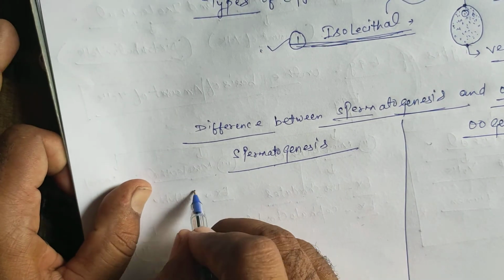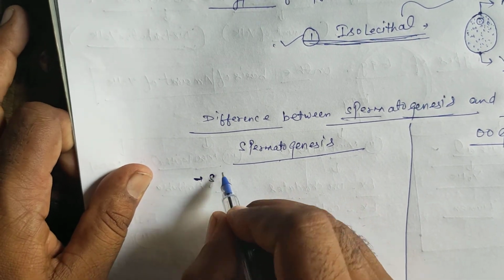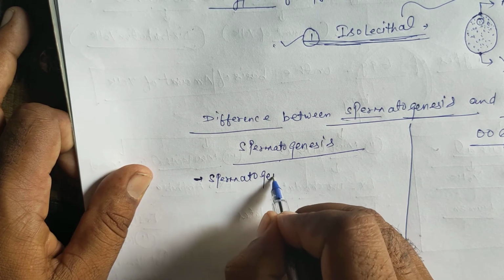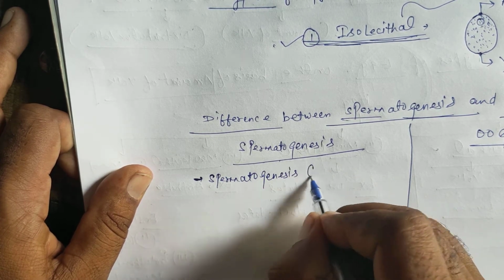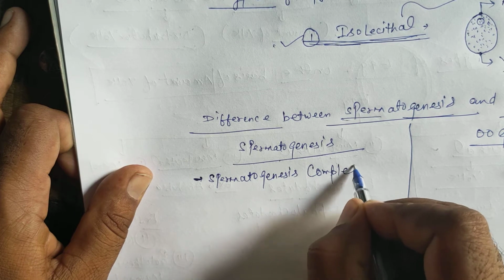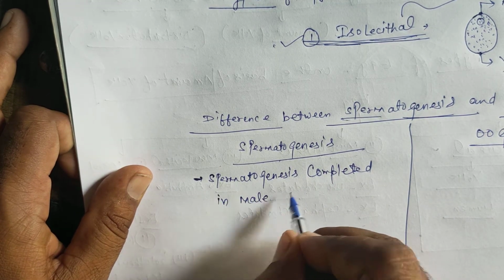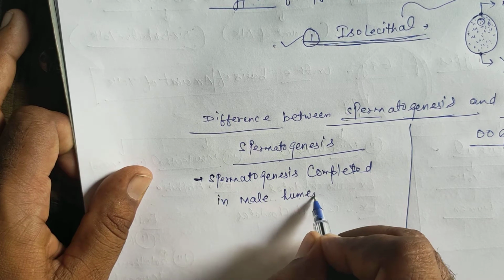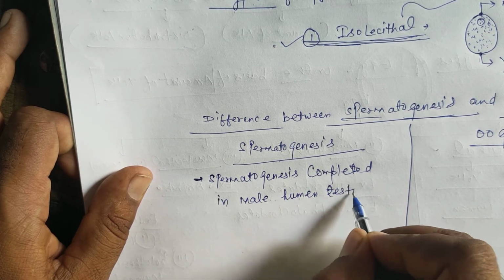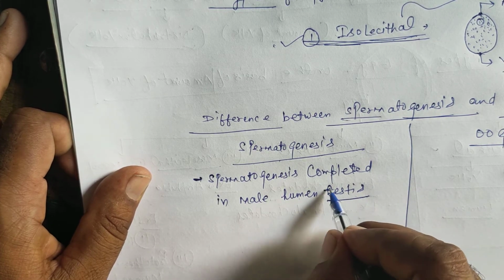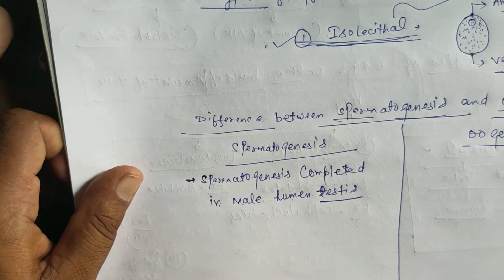First difference is spermatogenesis is completed in the male human testis. It is the primary or main reproductive organ, but the structural and functional unit of the testis is the seminiferous tubules.